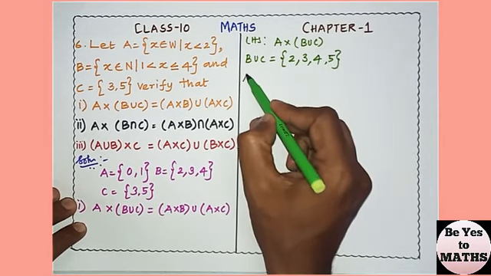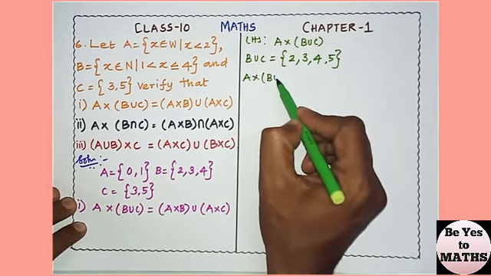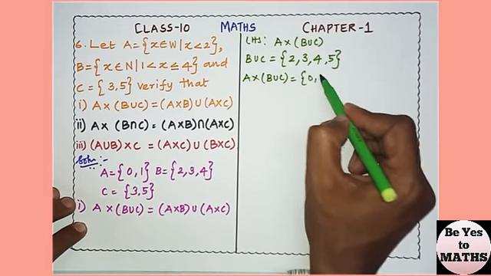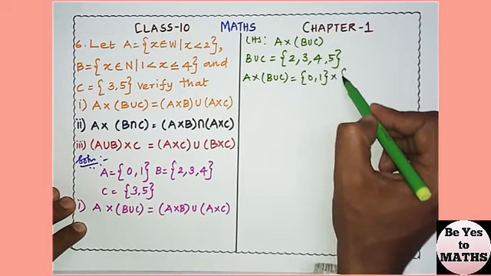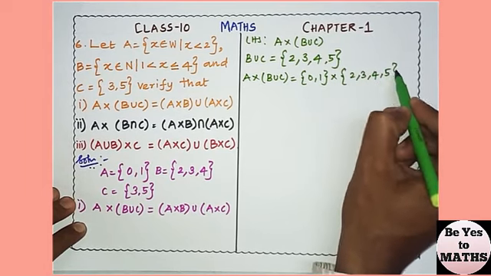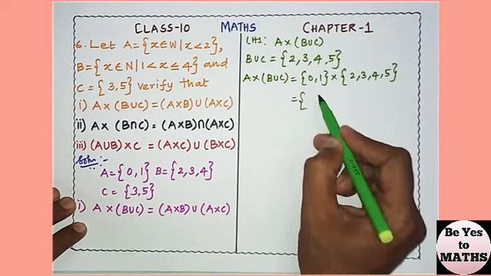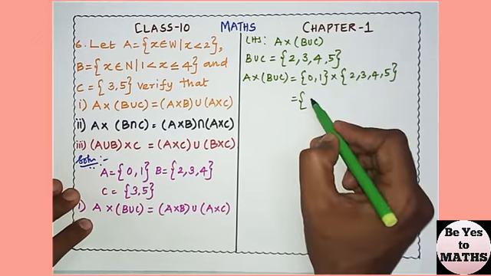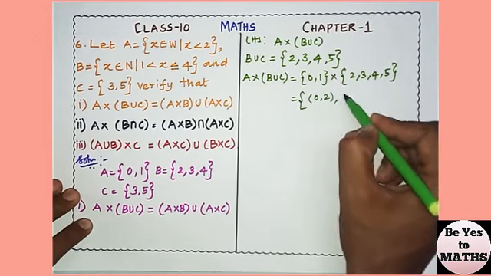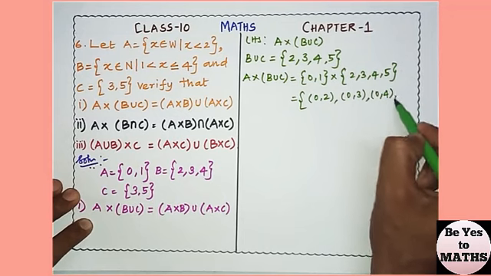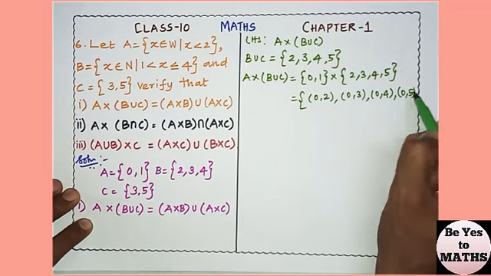Okay, now A × (B ∪ C). A set is {0, 1} cross B ∪ C is {2, 3, 4, 5}. So take 0 from first set and pair with all the elements in the other set. So (0, 2), (0, 3), (0, 4), (0, 5).